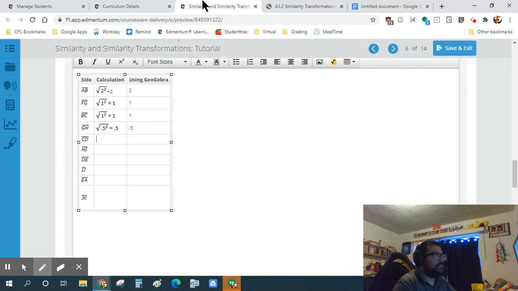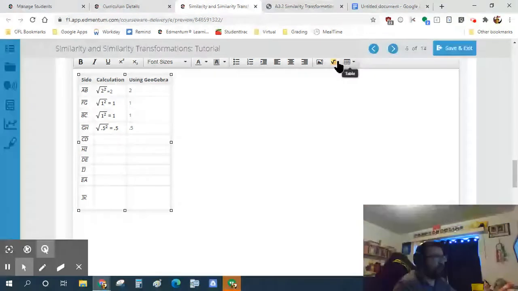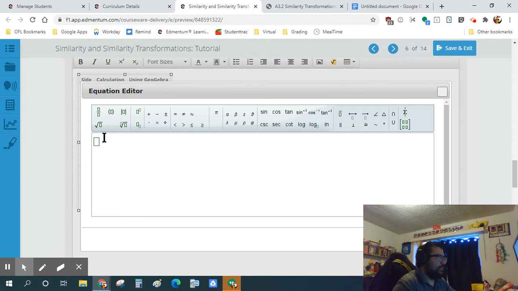So when I'm doing this formula, I'm going to take the square root of 1 squared plus 2 squared. And this is the same thing as the square root of 1 plus 4, which is the same thing as square root of 5.